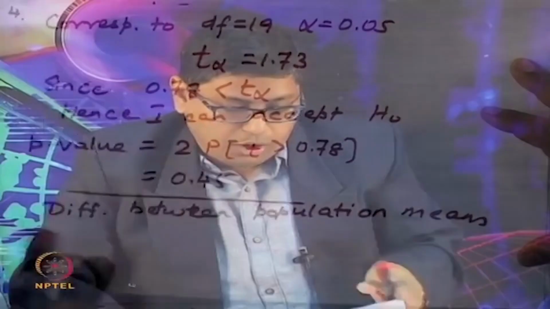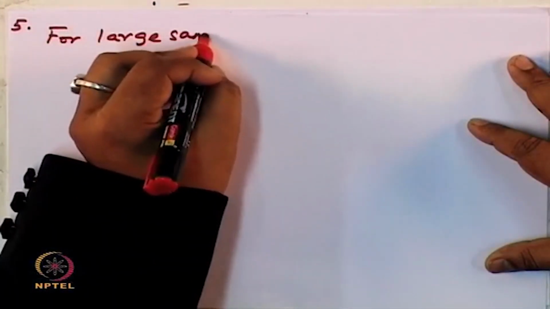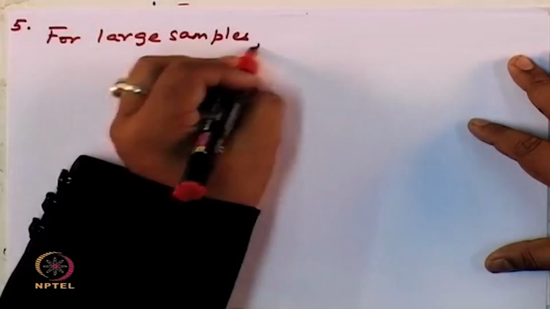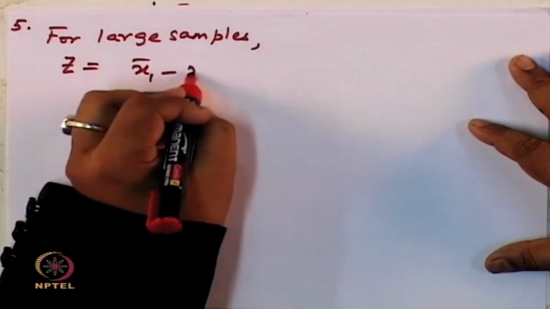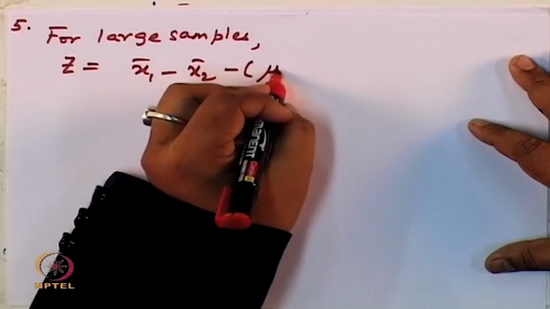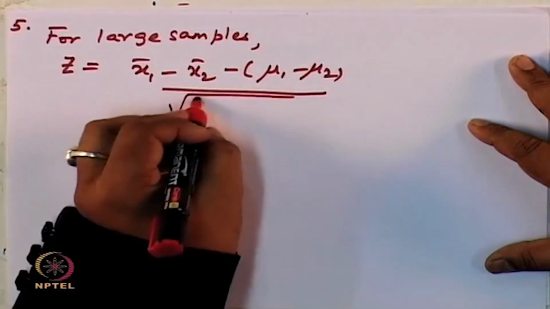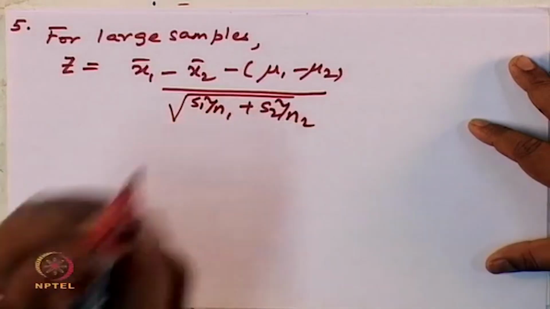So, how do I do it? For large samples, you calculate the test statistic as x1 bar minus x2 bar minus of mu1 minus mu2, divided by root of s1 square by n1 plus s2 square by n2.